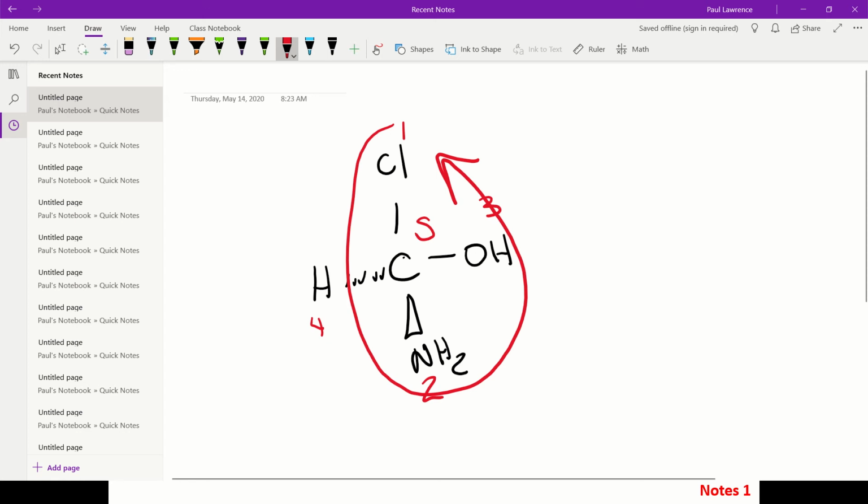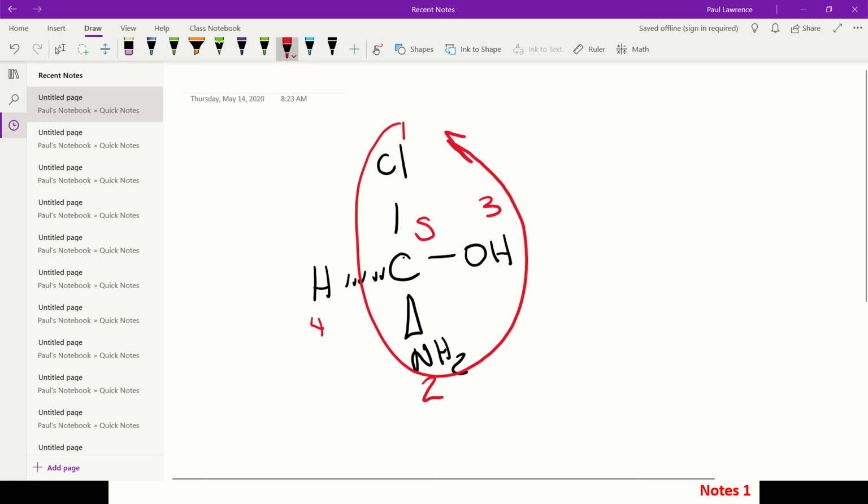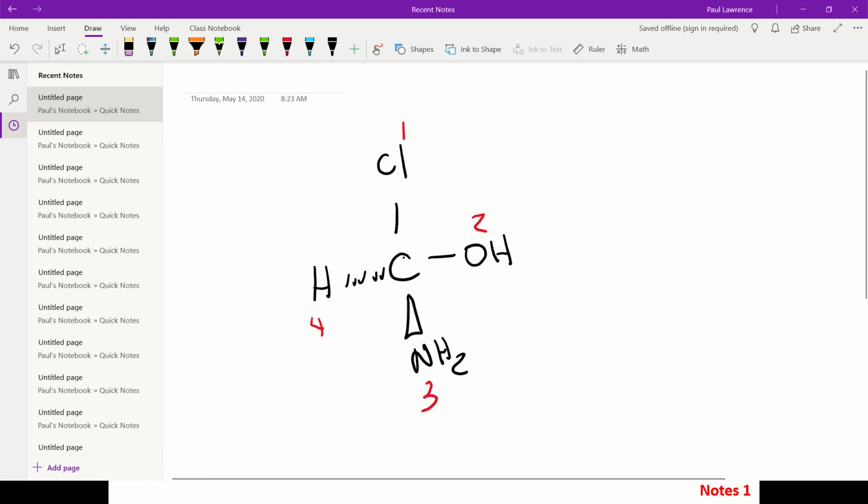I know you have the skill of tracing an arrow through 1, 2, 3, and it's easy to memorize that counterclockwise is S. That's not hard. But what gets tricky is the prioritizing. That has to be done correctly. So that makes it R.